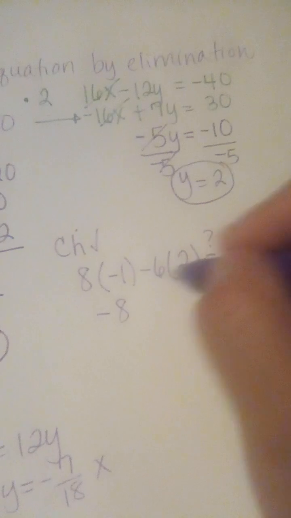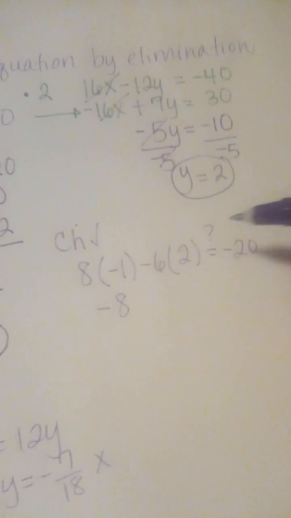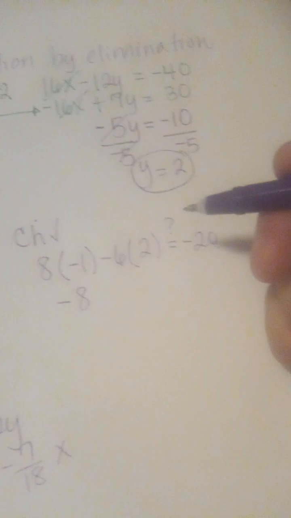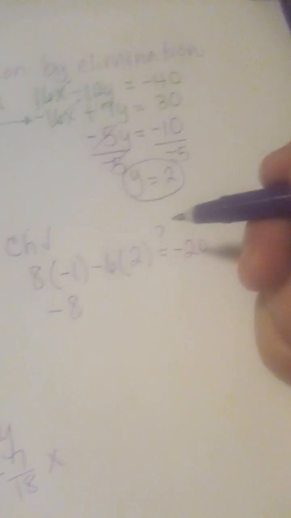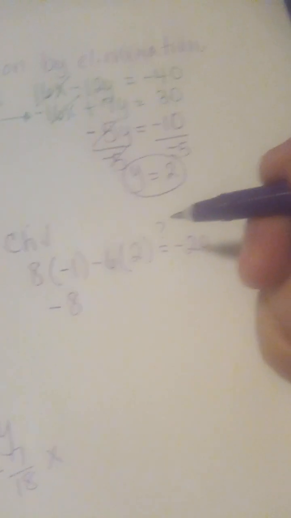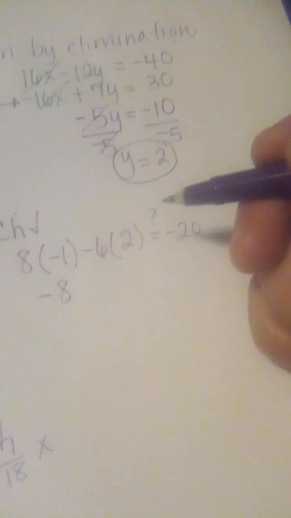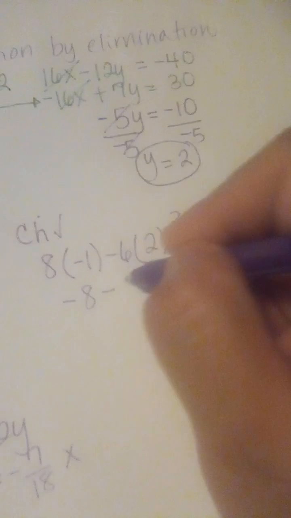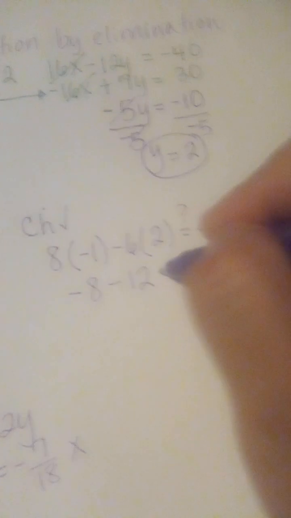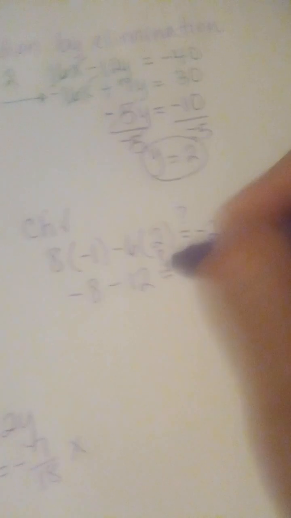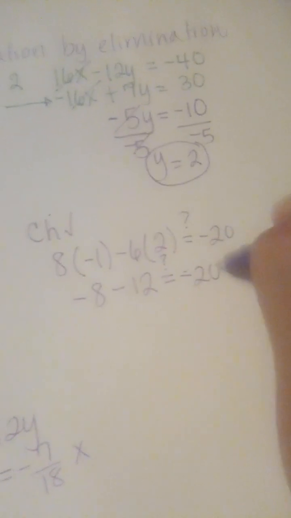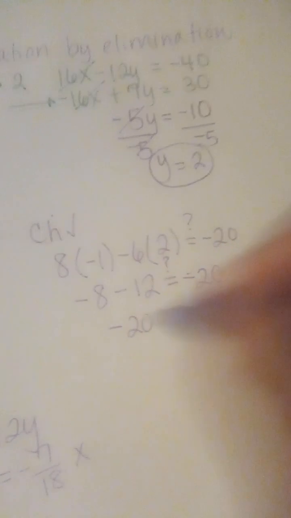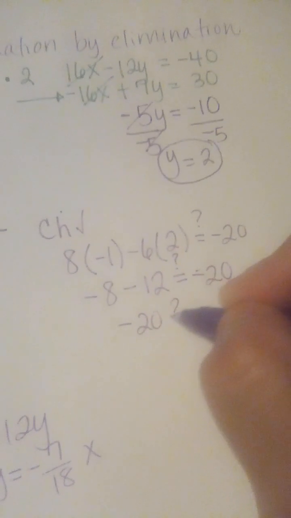And this, negative 6 times 2, gives us a negative 12. Yes, that's right. Negative 12. The next one will be a negative 20. Negative 8 minus 12 is a negative 20. Does this match?